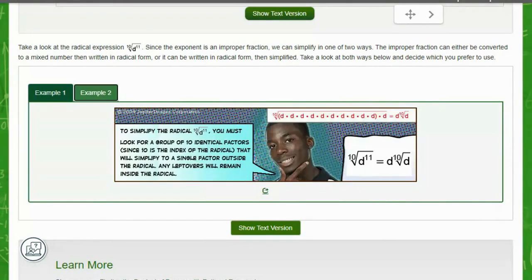Their second example is to go ahead and convert it to a radical first. So they know that's the 10th root of d times d, 11 times, which means it's d times the 10th root of d. Either way, you can simplify it to what I had, the 10th root.